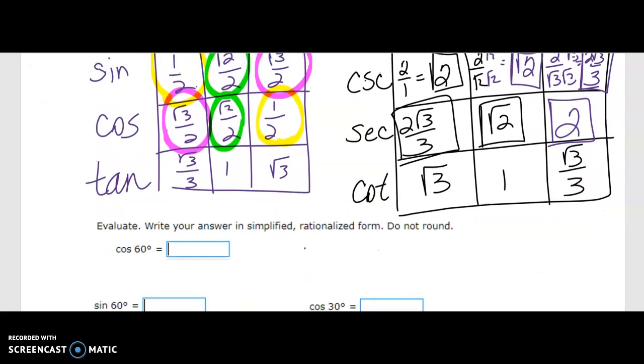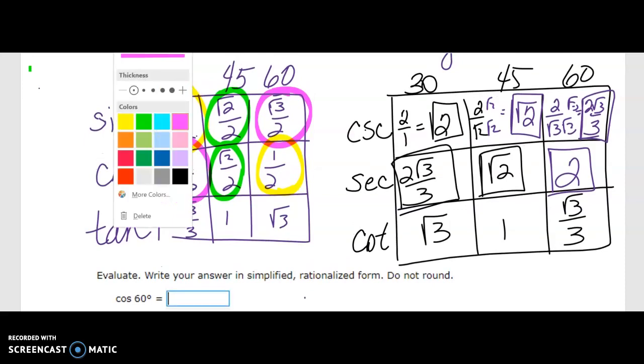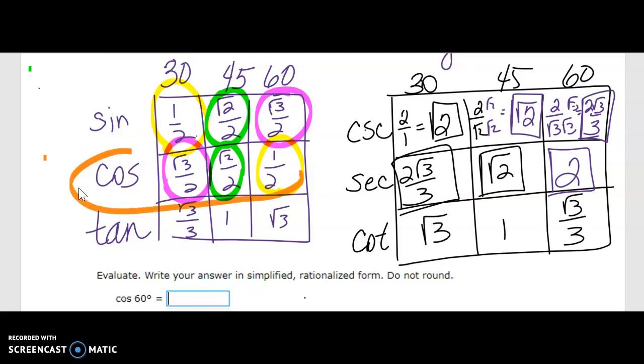All we're going to do is use this chart. So it says cosine 60. So you find cosine, and you find 60. And what's at the intersection? 1/2.